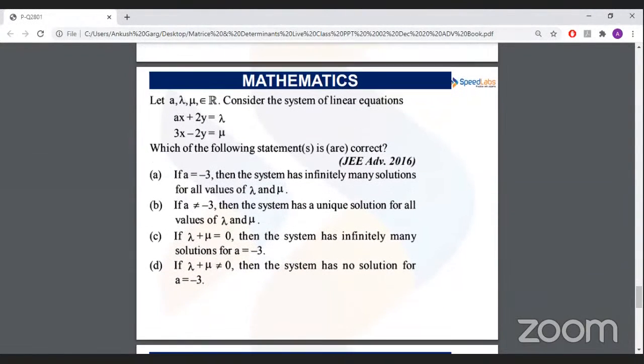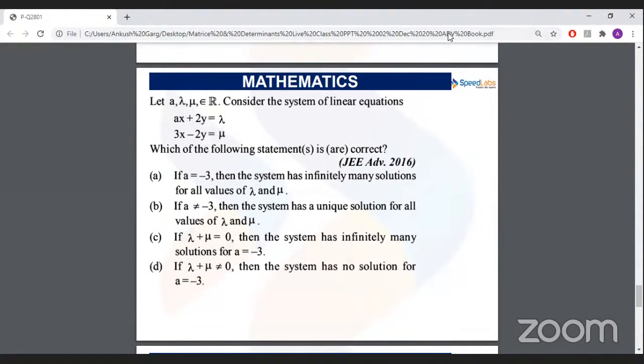All right. Let's solve this question now. This is an MCQ again. So let a, lambda, mu, all of these belong to real numbers. Consider the system of linear equations. So basically this is a linear equation in two variables. So very simple. So which of the following are correct?